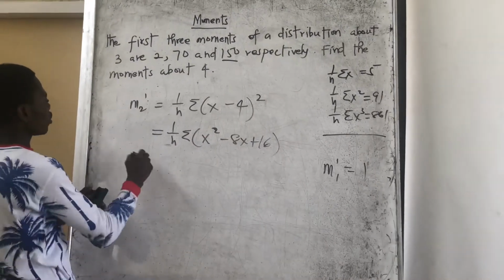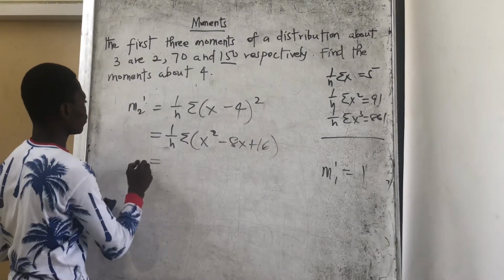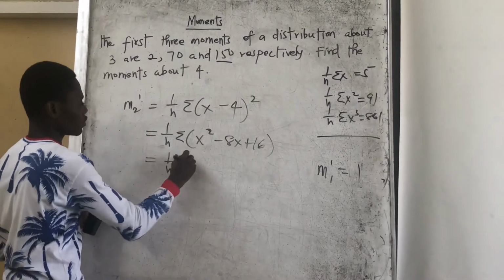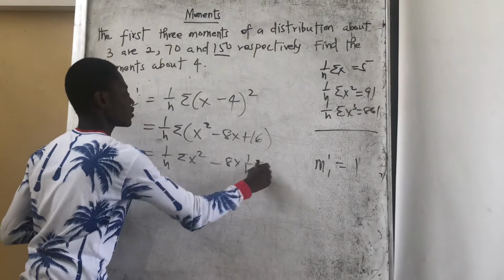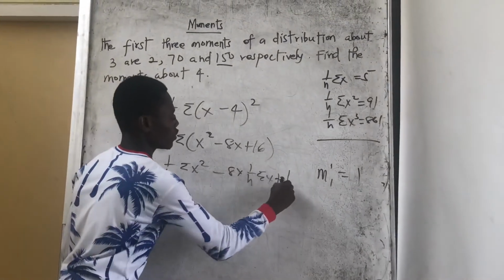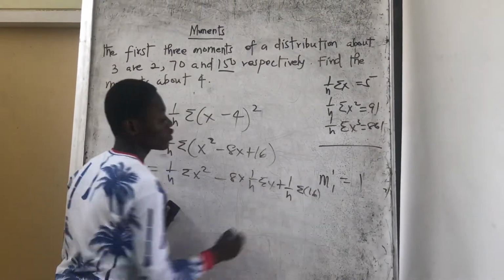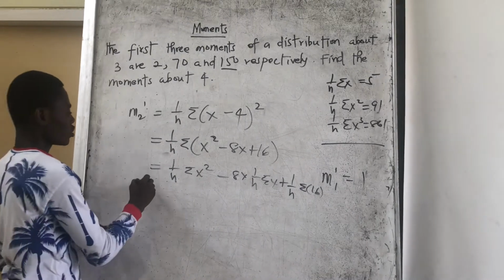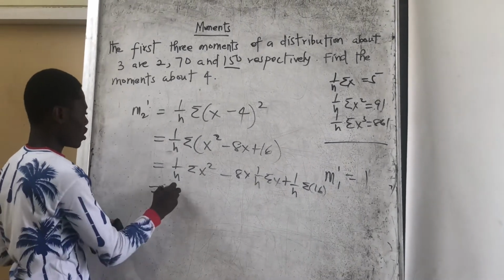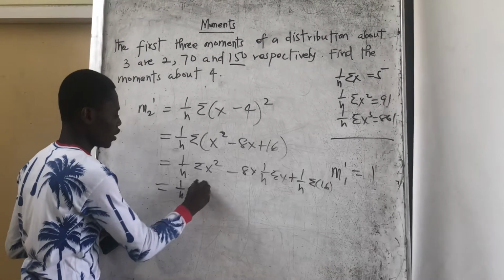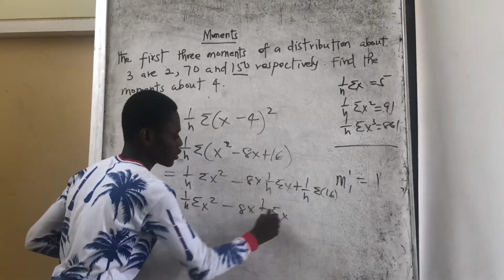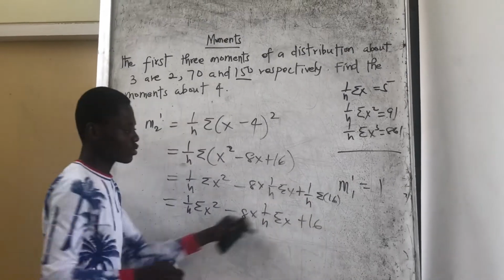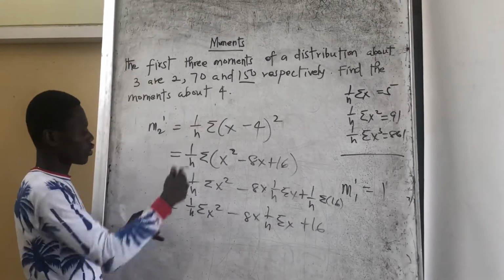It's equal to 1 over n sigma x squared minus 8 times 1 over n sigma x plus 1 over n sigma 16, which is 16, because this will be 16n and similarly cancel.